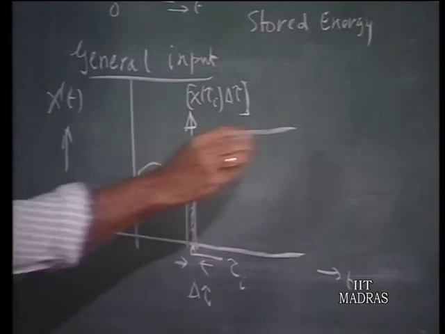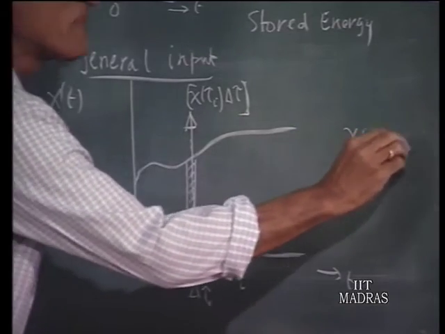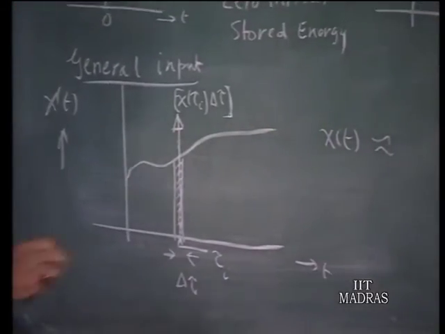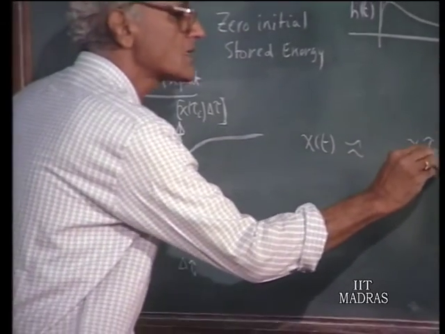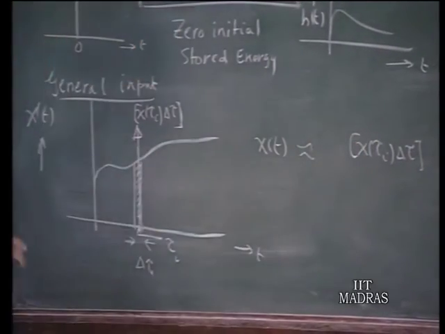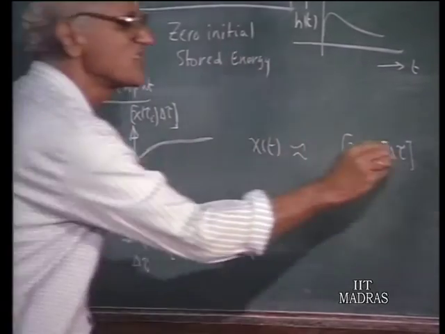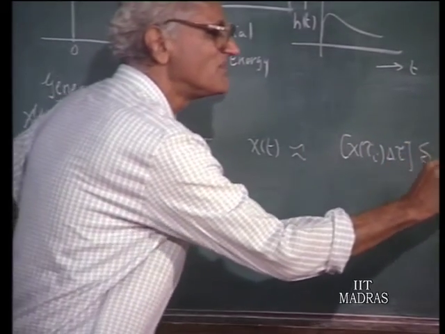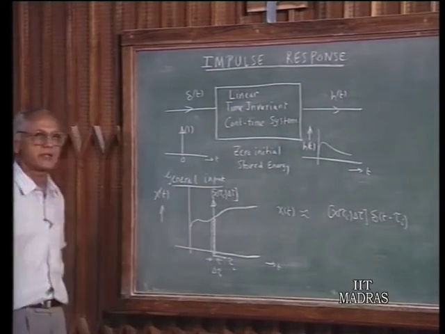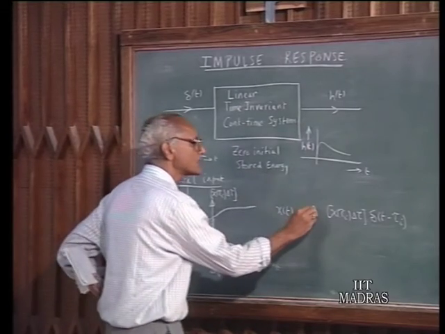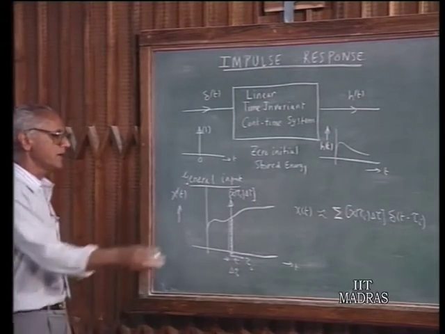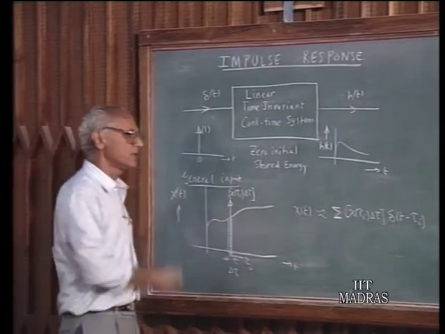So, x t can be approximated as a number of impulses. A particular impulse which we have sketched in the figure is x tau I delta tau, that is the area under the curve, that is the magnitude of the impulse, and that impulse is situated at tau I. This section of the input is replaced by an impulse, and several such impulses for the whole duration of time will be approximately equal to x of t.